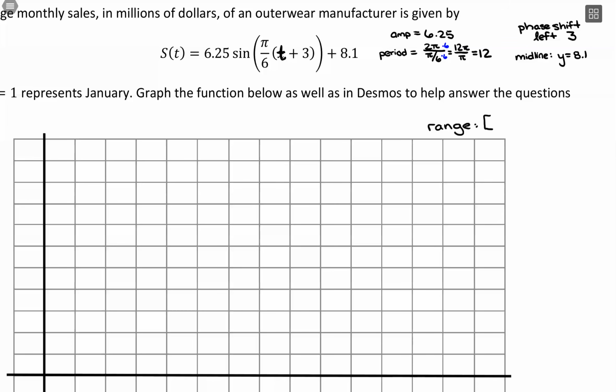But for the range, we should have a minimum and maximum value. It's coming from our midline, and then we go above it and below it. So our lower bound should be that midline minus 6.25. And then the maximum should be 8.1 plus 6.25. So that should give us this range from 1.85 up to 14.35.